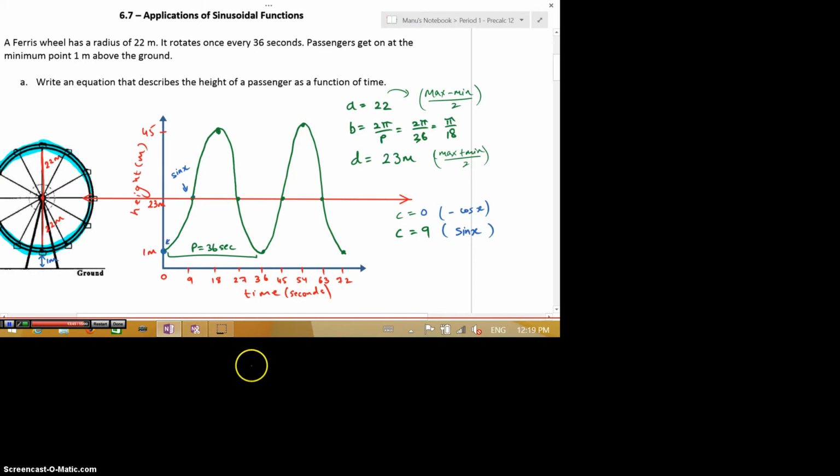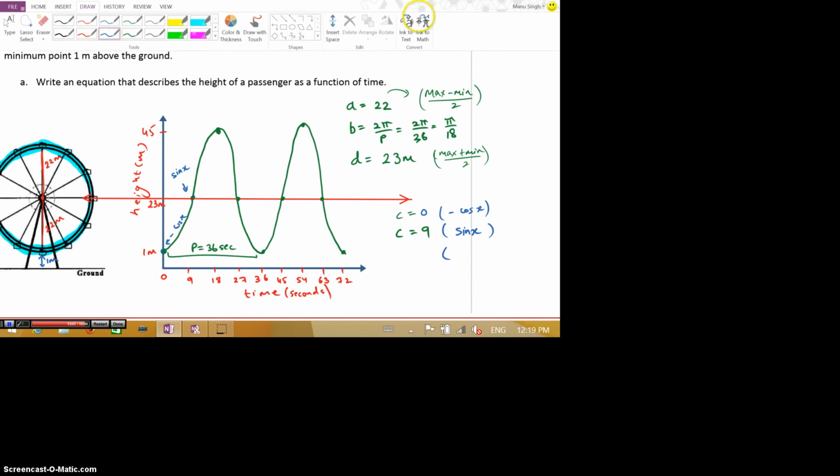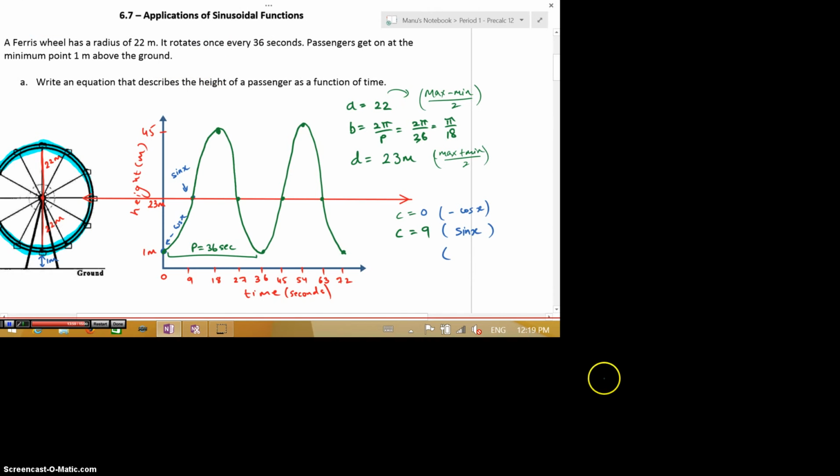Here we got negative cosine of x. Another value. Can someone give me one more value for a starting point? 18. We could also start off at c equals 18. What would the graph be if we started at c equals 18? Positive cosine function. A positive cosine function starts at the top.